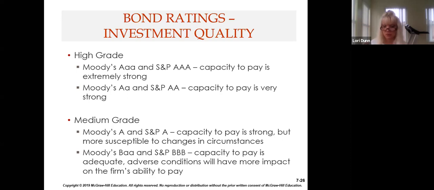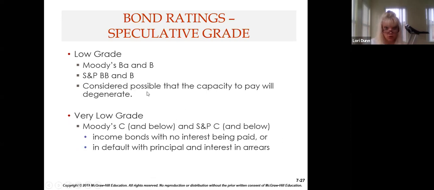And then they get into B. Moody's goes to Baa, Standard & Poor's is BBB. So the capacity to pay is adequate, adverse conditions will have more impact. So now it's getting more risky. Low grade, you can see, it's considered possible that the capacity to pay will degenerate.